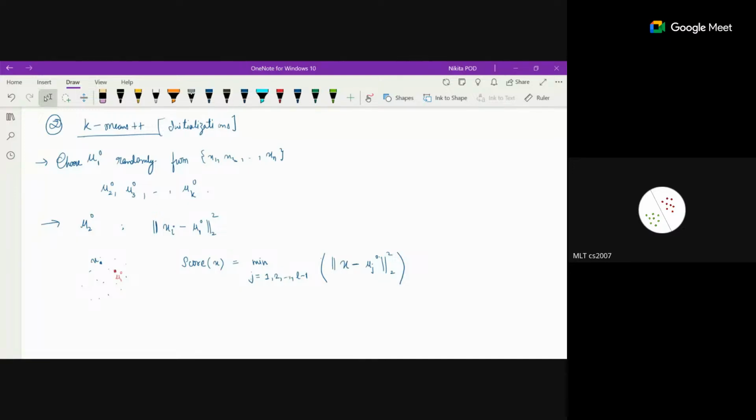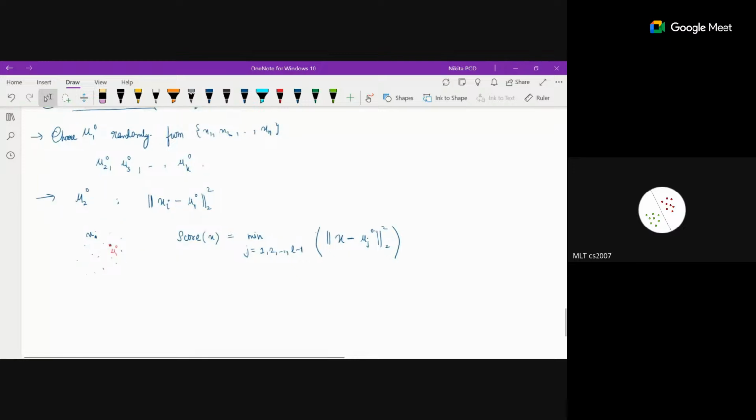This is how we are defining a score. I'll come to what it means. So let's say so far we know only mu1. We only have mu1, right? In that case, you will have min over j equal to 1, only 1, of the norm of x minus mu1 not squared.